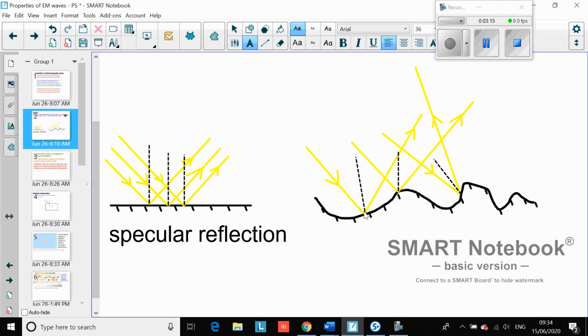So we still draw it at 90 degrees to the reflective surface, which is at a bit of an angle this time. We still draw in our normal to show that it follows the same rules. The beam of light comes in and reflects off at the same angle, so the angle of incidence equals the angle of reflection. It's just because this surface is bumpy, it makes the light scatter. And so we call this diffuse reflection.